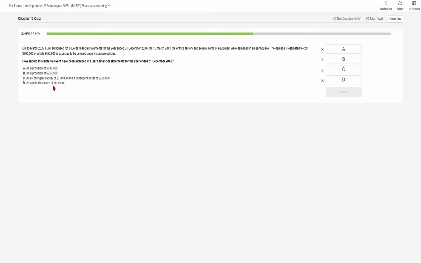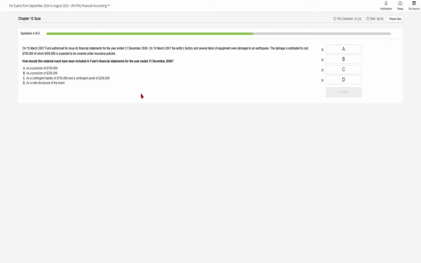Okay. So basically the earthquake incident happened on 10 March 2007, which is after our accounting period reporting date, right? But before the financial statements were authorized for issue. Okay, that was 15 March 2007. So according to IAS 10, we must figure out whether this is an adjusting event or not.